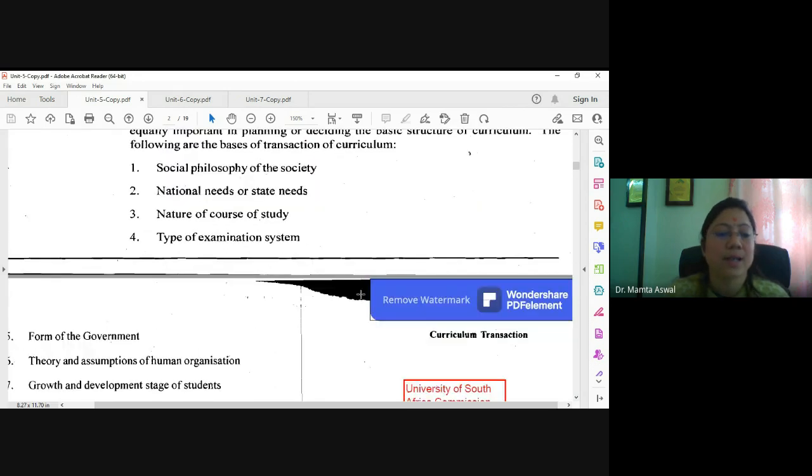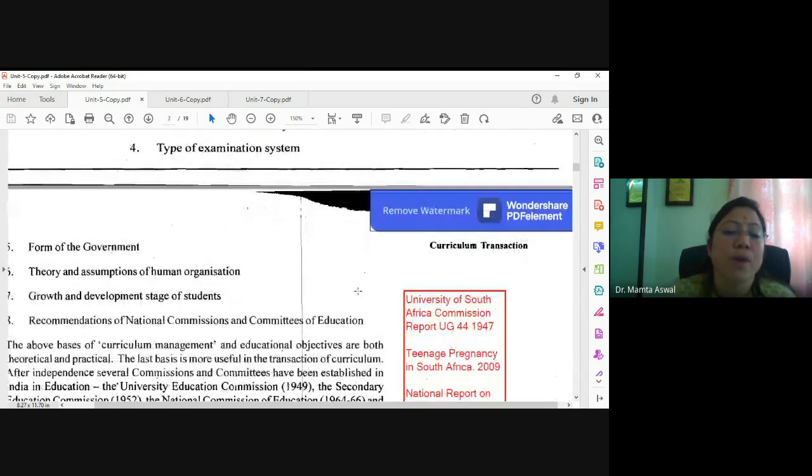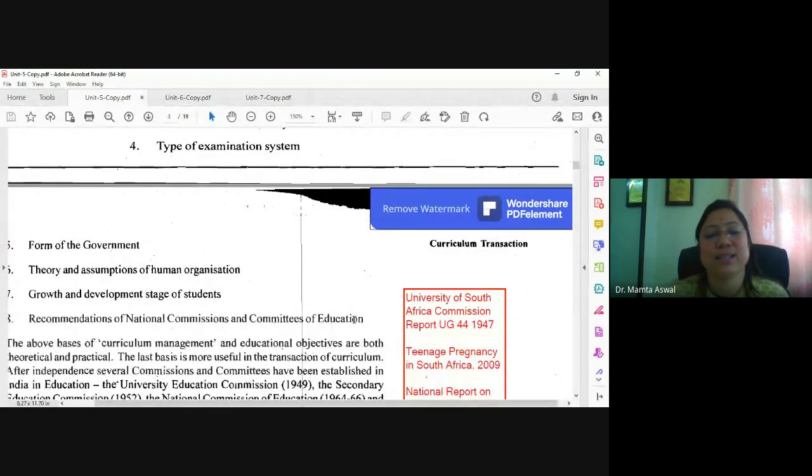Now let's take another point, that is form of government. What kind of government is running in your country? Let's take the African National Congress. What are their objectives? What are they going to do? What are the objectives of that particular political organization? So the form of government will also decide the basis for curriculum transaction.